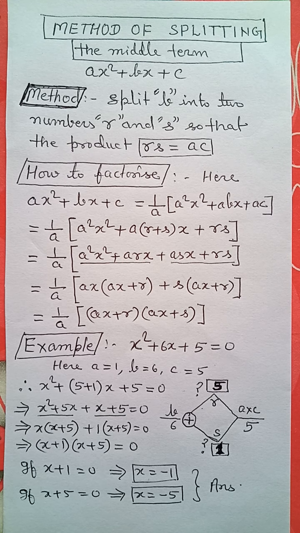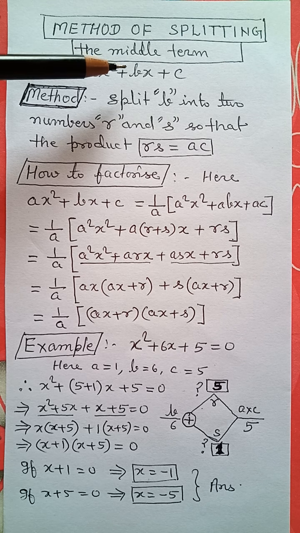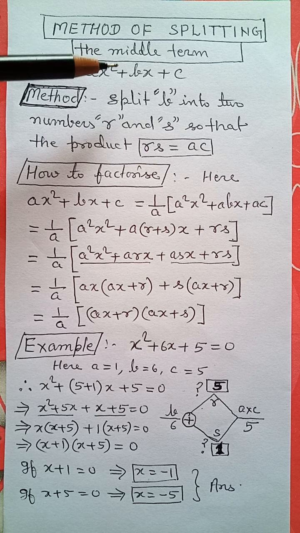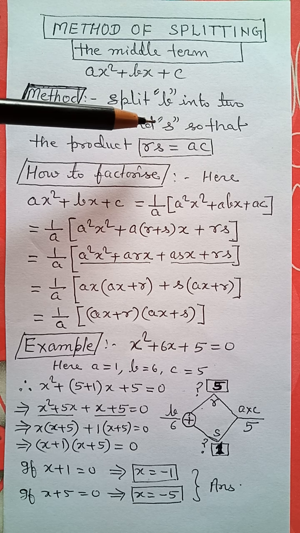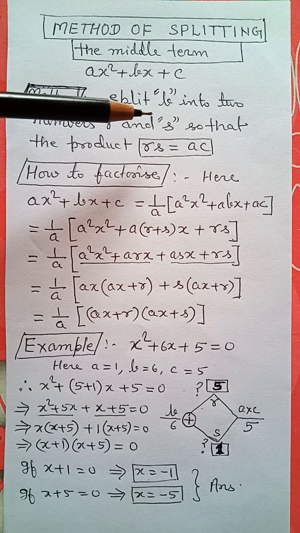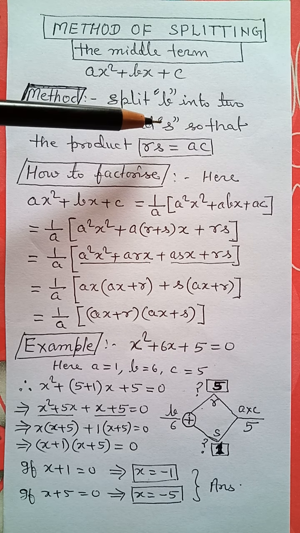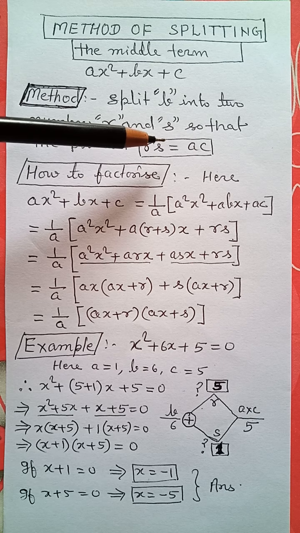Now, by splitting the middle term, we mean splitting the coefficient of x. That means splitting b into two parts. Say the parts are r and s, so that the product r multiplied by s is equal to a times c.